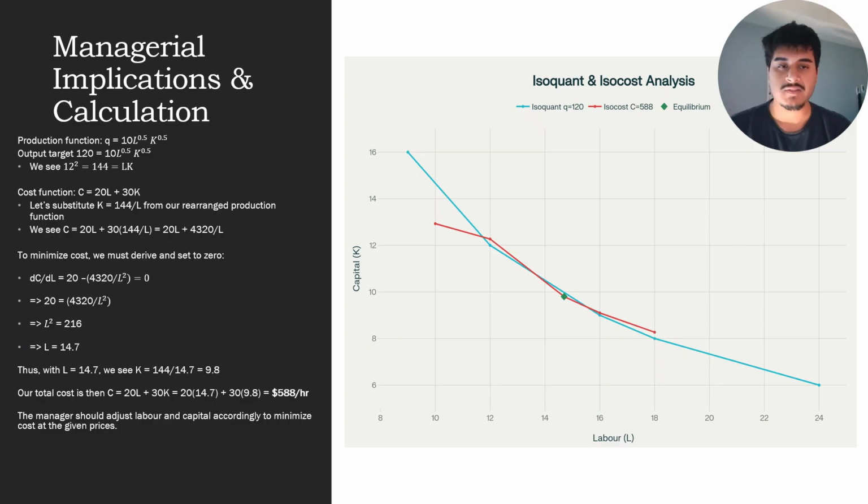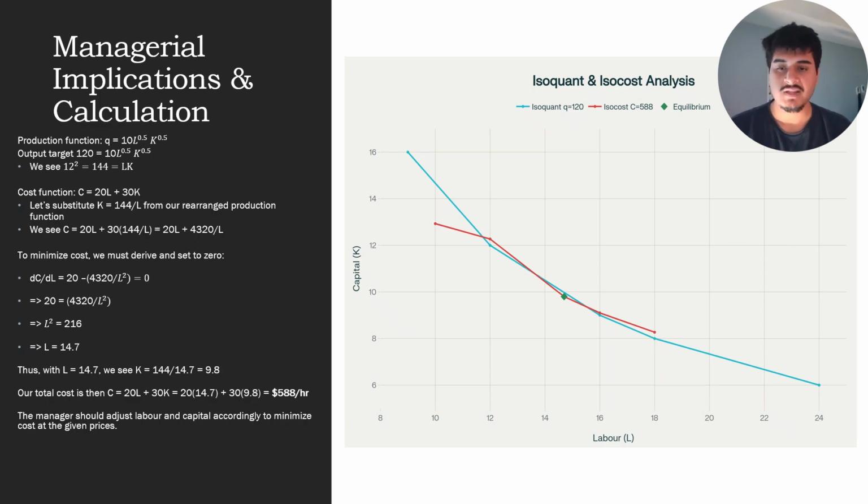From this, we can isolate for L and solve for our optimal labor. We see that 20 equals 4,320 divided by L squared, and then L squared equals 216. Since L has to be positive, we see L equals 14.7. Thus, with L equals 14.7, K equals 144 divided by L, being 144 divided by 14.7, which equals 9.8.